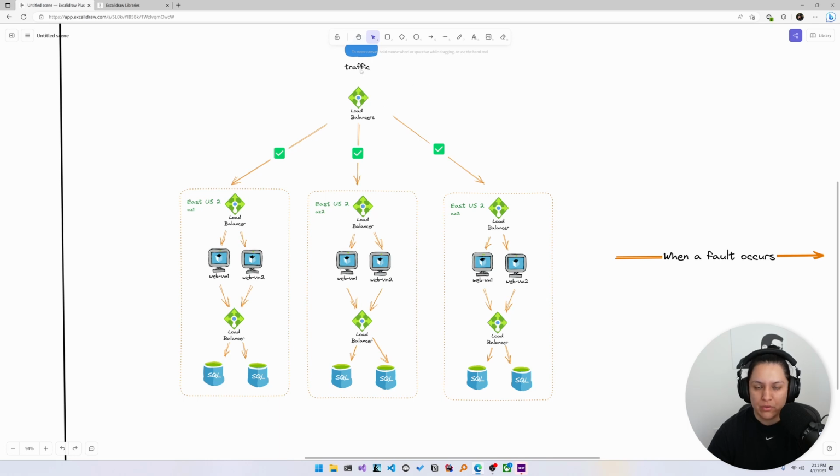So you have 100% of your traffic being distributed amongst these 3 different availability zones within your region. If for some reason this were to stop working, so we'll just actually use a pencil, if this were to stop working, then the load balancer would know, okay, now I can distribute the traffic amongst AZ1 and AZ2, and there would be no downtime there because the architecture to take care of that and handle that load is still in place and it still works.